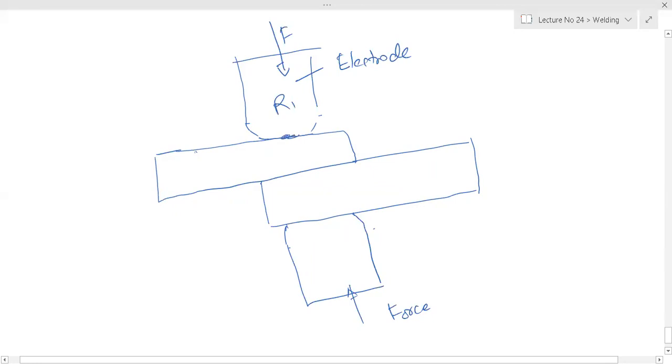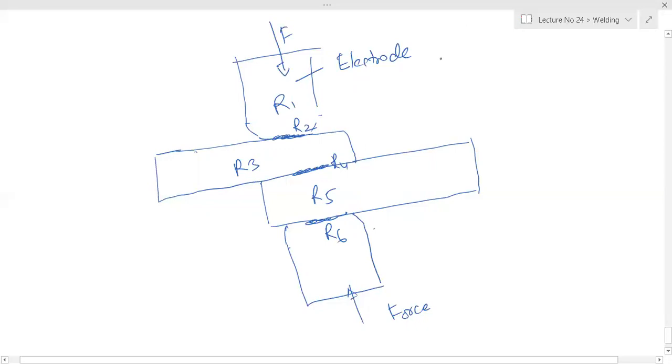So you have, this is all fine surface. 1, 2. These are contact surfaces. Right? This is the contact. R2, R3, R4, R5, and R6. So there are total 6 resistances.